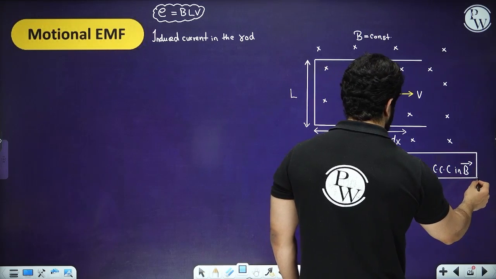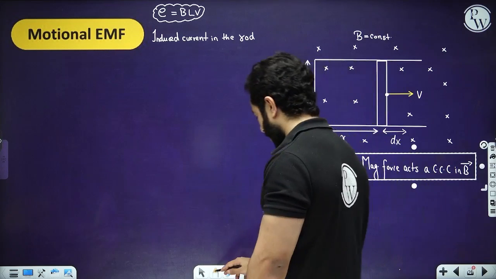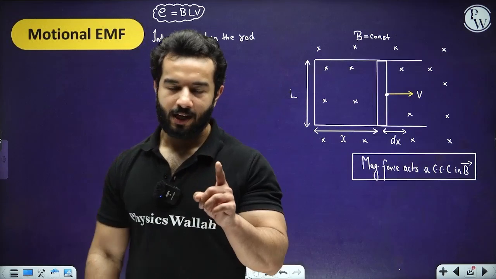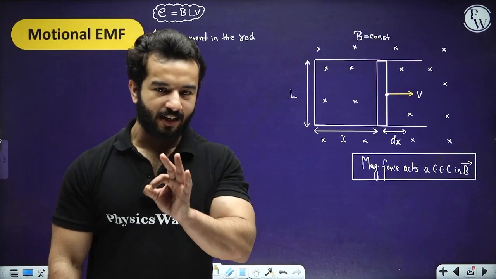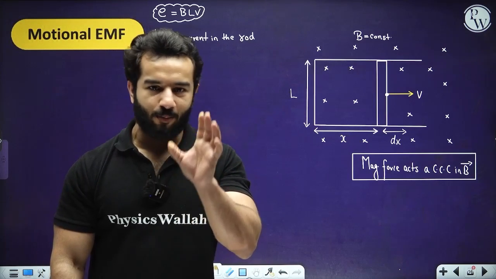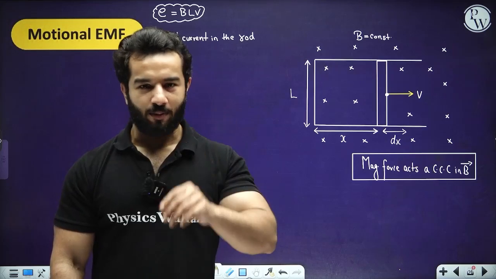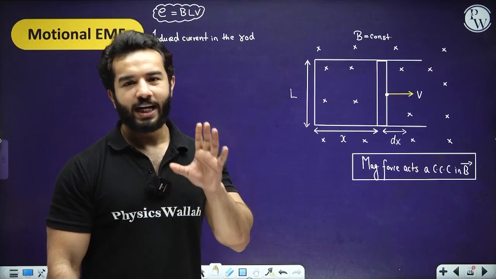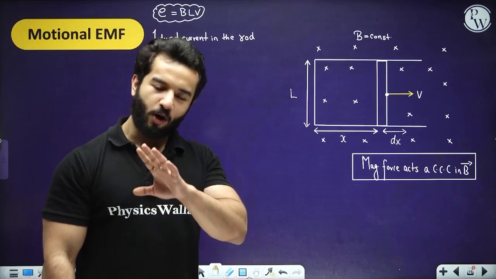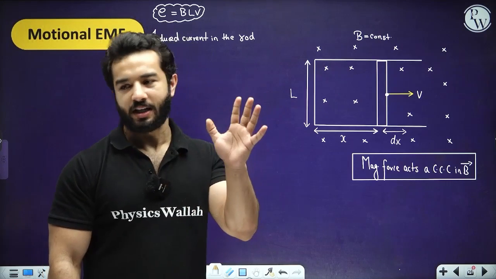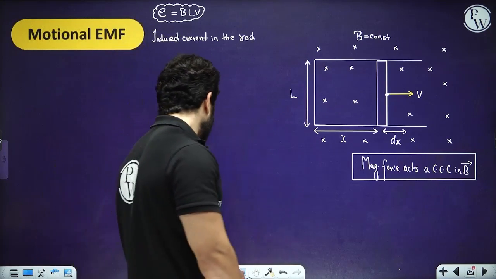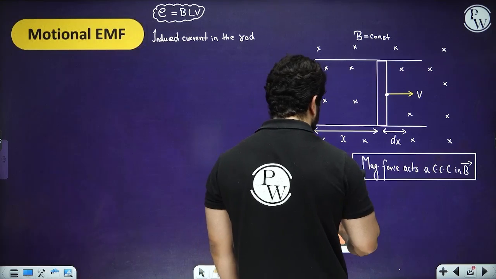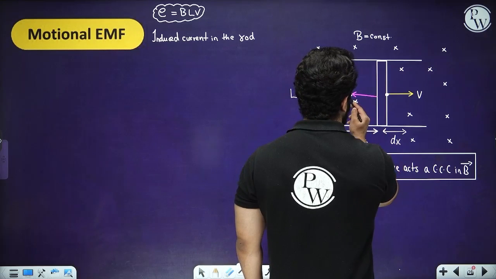According to this concept, if we have a current-carrying conductor kept in a magnetic field, there will be a force on it. You tell me, magnetic flux is increasing, right? So what would the induced current want? The induced current would want that the magnetic flux should not increase. So there must be a resistive force acting on this rod, and that must act in this direction.